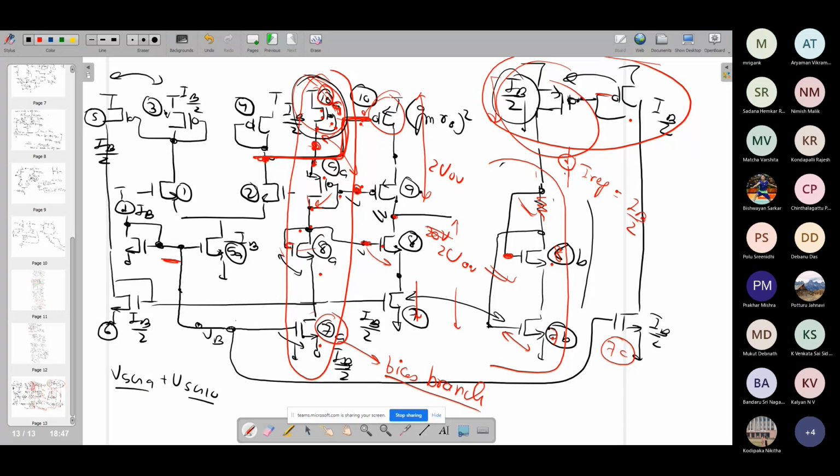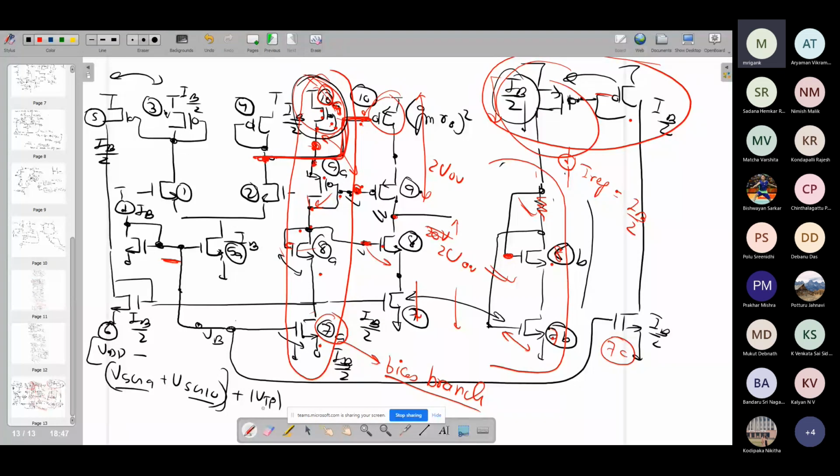So the gate voltage of M9 in this case is what? VDD minus VSG of M10 and minus VSG of M9. And therefore, what is the output maximum possible? This plus mod VTP. So this is the VDD minus this is your actual DC point, and the maximum swing possible is this expression plus mod VTP.